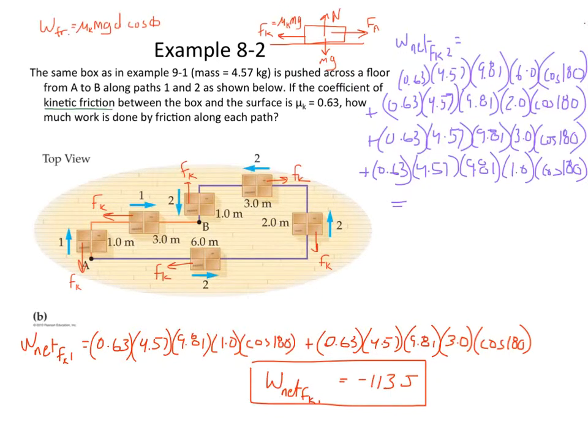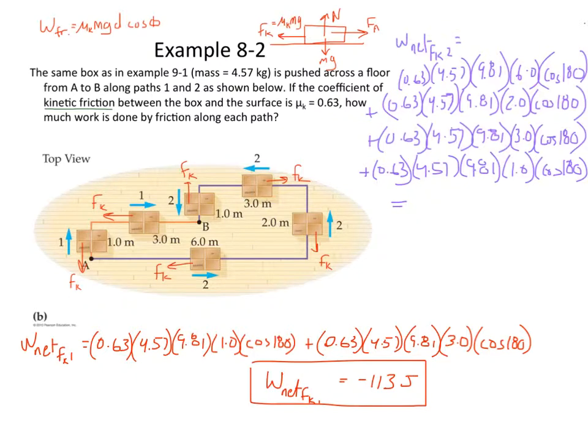Now, all these cosines of 180 are going to be -1 plus something times -1 plus something times -1. So the work being done by friction is going to be getting more and more negative the further you push it. What you could really do is factor out 0.63 times 4.57 times 9.81, times -1, and then just multiply that by the various distances. 6 plus 2 plus 3 is 11, plus 1 is 12 meters it has been moved through.